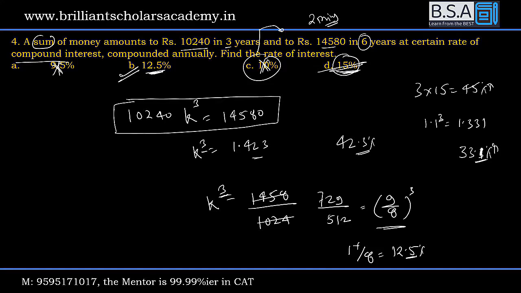So 10% is falling short, 15% is more, 9.5% will never match. The only possible way is answer option B, 12.5%. And then with a proper approach, I've also proven that the ratio between numbers is 729 by 512, which is cube of 9 and cube of 8.